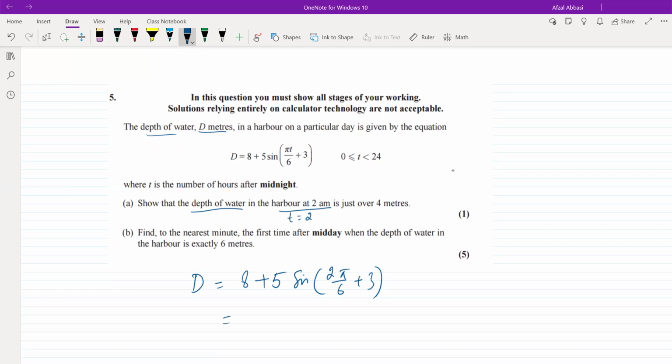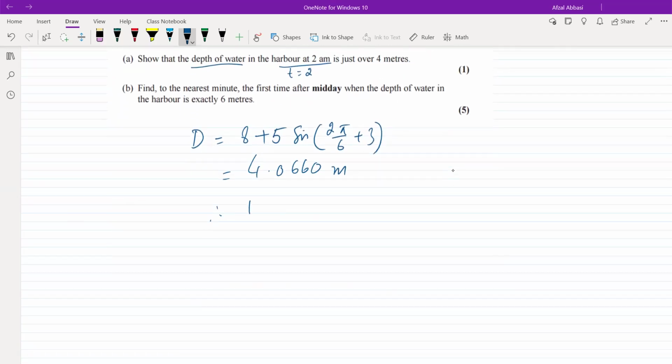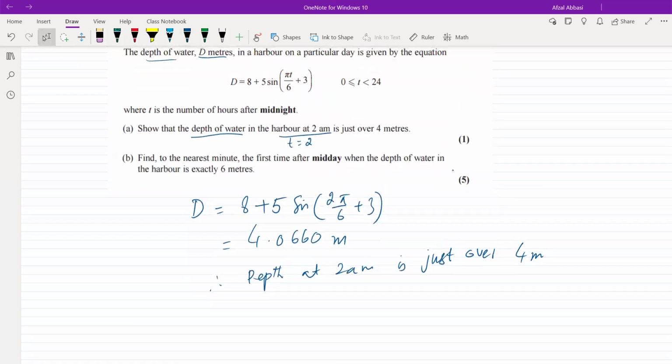I am getting 4.0660 meters. Therefore, the depth at 2 a.m. is just over 4 meters, because this number is a little bit more than 4. So just over 4.